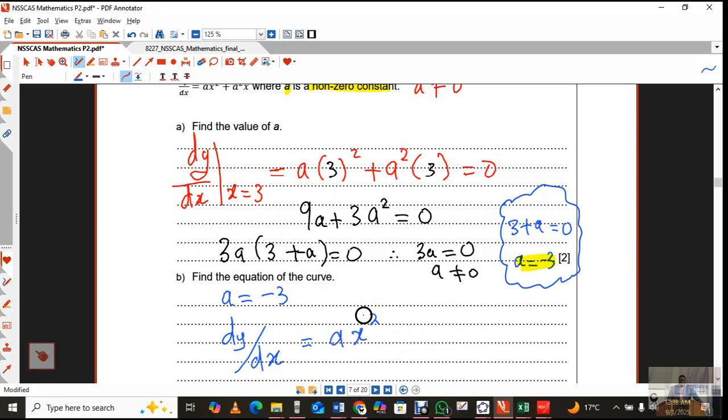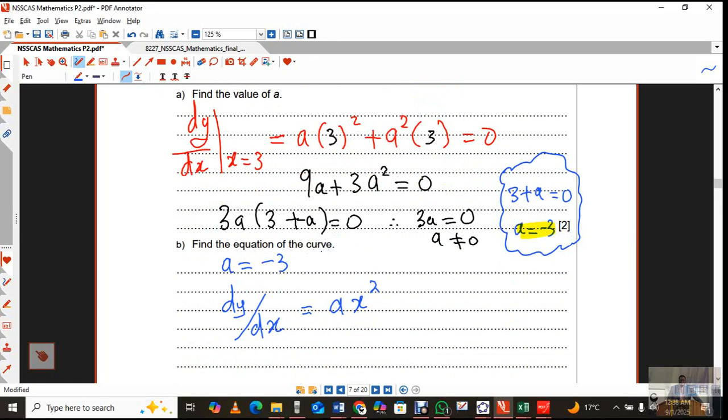Let's just go back and see. It was ax squared plus a squared x. Now what do we know? We know the value of a. Our a is negative 3.